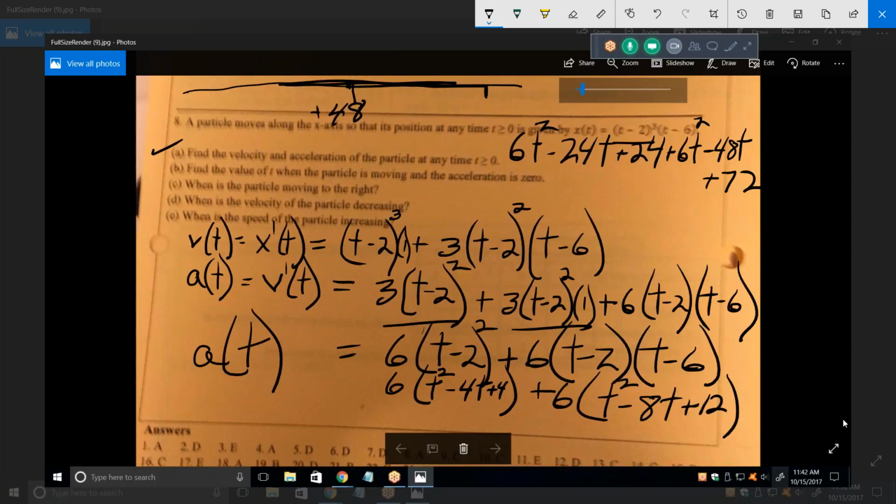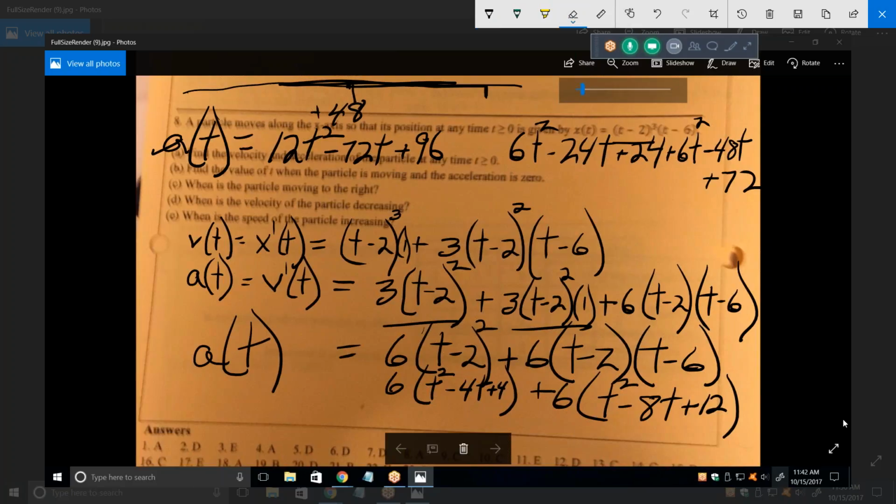And now I've got to simplify that. Well, I got 12t squared. I got minus 24t minus 48t, that's minus 72t. And I got a plus 72 and a plus 24, that's plus 96. There's my acceleration function.